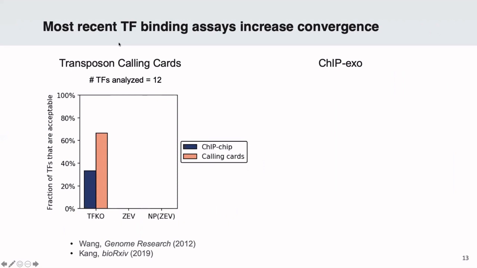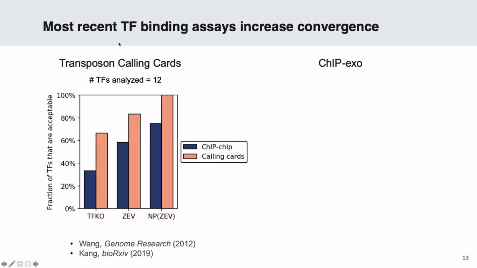Using the TF knockout data, we show that transposon calling cards is outcompeting ChIP. ZEV improved both results, but still with transposon calling cards showing the better performance. And by processing the gene response data using NetProphet, we are able to achieve a high, or perfect, percentage of the fraction of transcription factors that show convergent evidence.